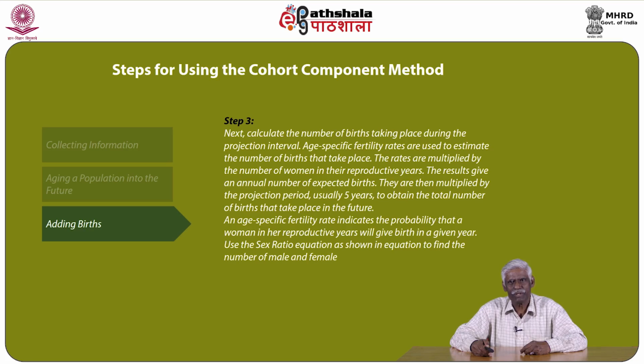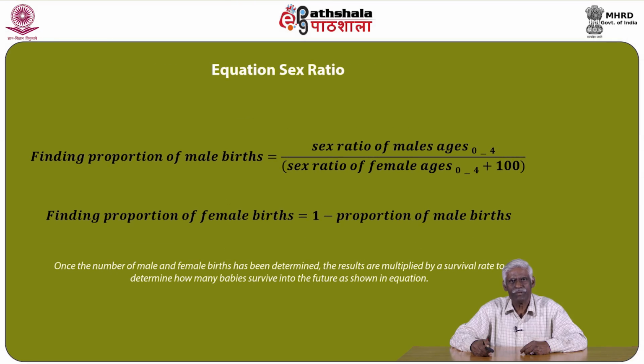Use the sex ratio equation, as shown in equation 8.2, to find the number of male and female births. The proportion of male births is equal to the sex ratio of ages 0 to 4 divided by the sex ratio of ages 0 to 4 plus 100. The proportion of female births is equal to 1 minus the proportion of male births.